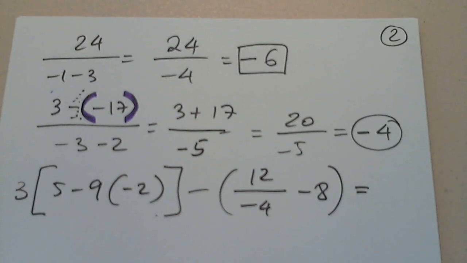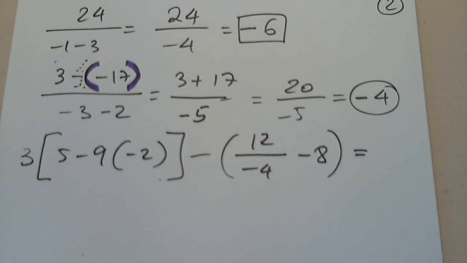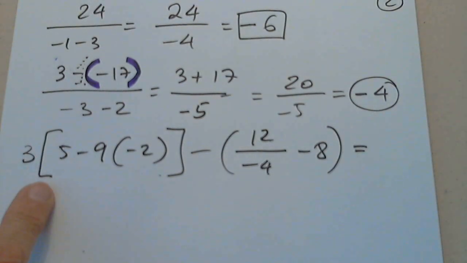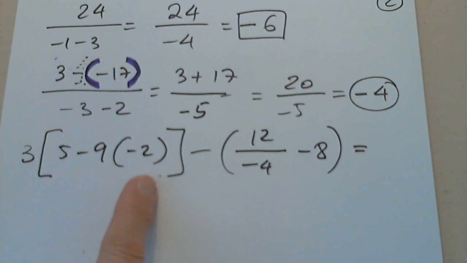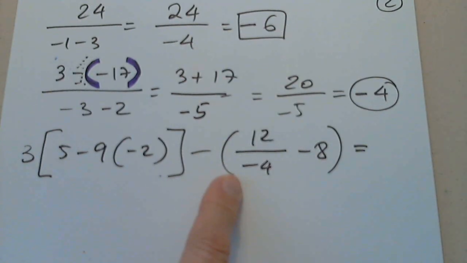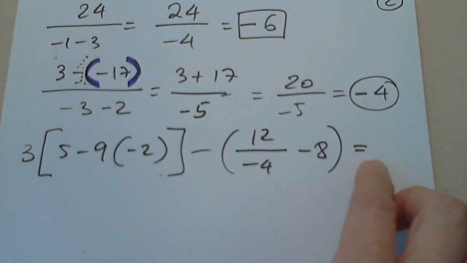Let's work on this problem for a minute, and then we'll work on it together. So I repeat, 3, bracket, 5 minus 9, followed by negative 2 in parentheses, close the bracket, minus, open parentheses, 12 over negative 4 minus 8, close the parenthesis, equal symbol.